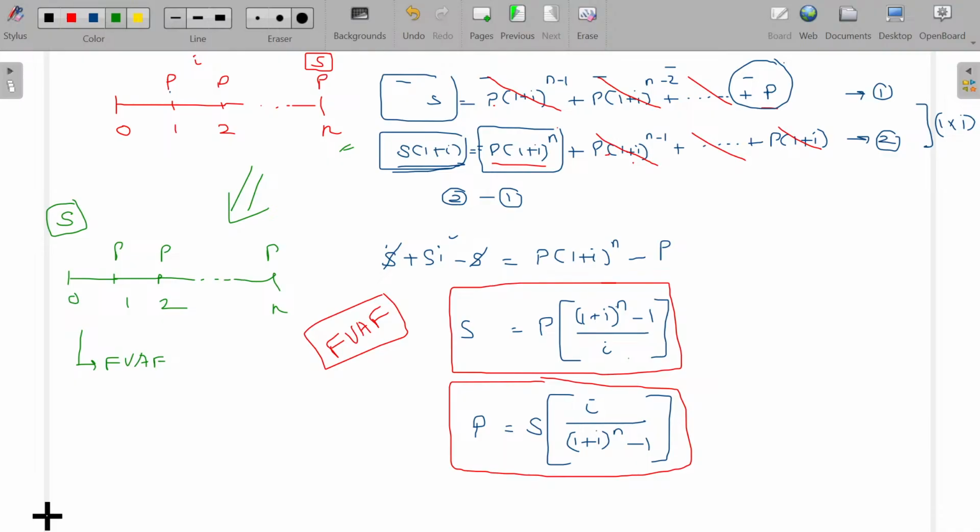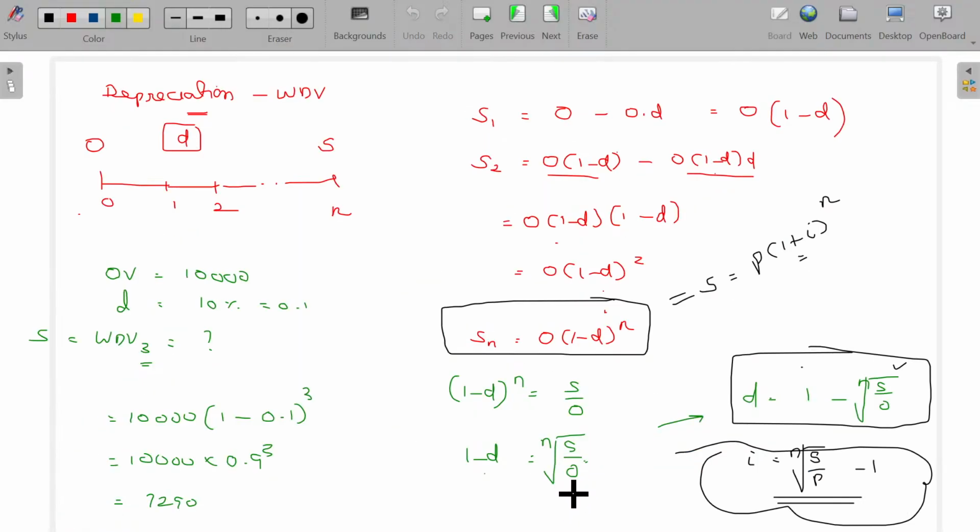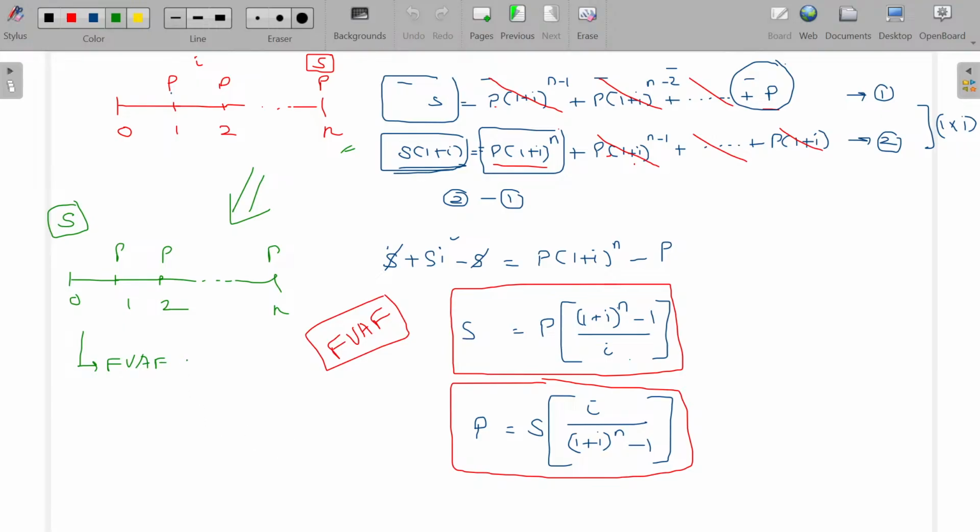But in the green color timeline, you are bringing the s to the 0th period, bringing the today's value. To bring the future values to the today's value, you have to apply what? Present value factor. This is nothing but 1 divided by 1 plus I. Okay. So, you have to multiply with present value factor. The combination of these two formulae will be applicable for this one.